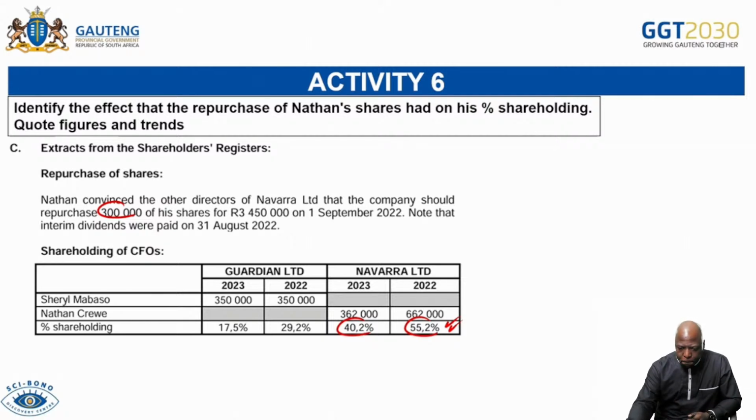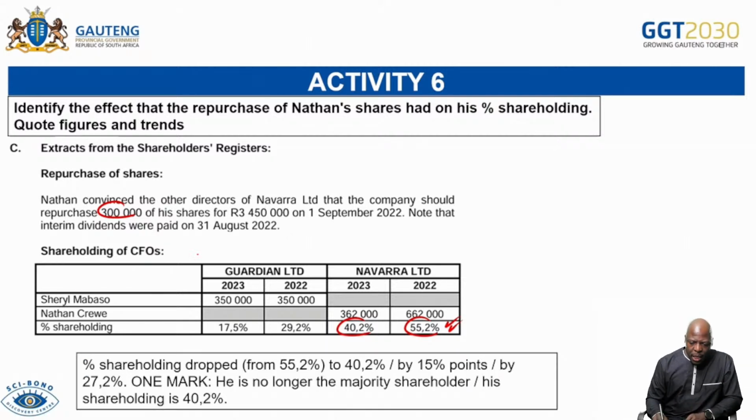Let's go and see. Number one, the percentage shareholding dropped from 55.2% to 40.2%. That is how you can say it. Or you can say it has dropped by 15 percentage points. Remember, once you do the difference, 55.2 minus 40.2, it will give you 15.